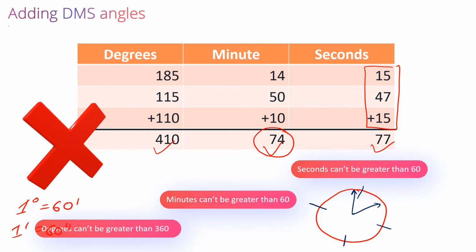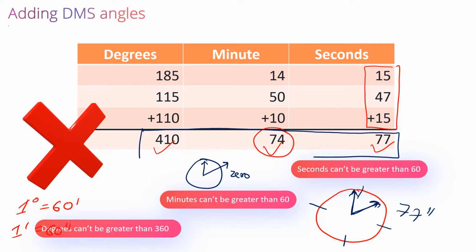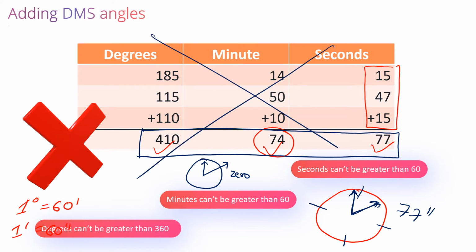So we never see a second hand showing 77 seconds, because after crossing 60, it again starts from 0. So we need to do some correction or adjust these values so that we get the true sum.